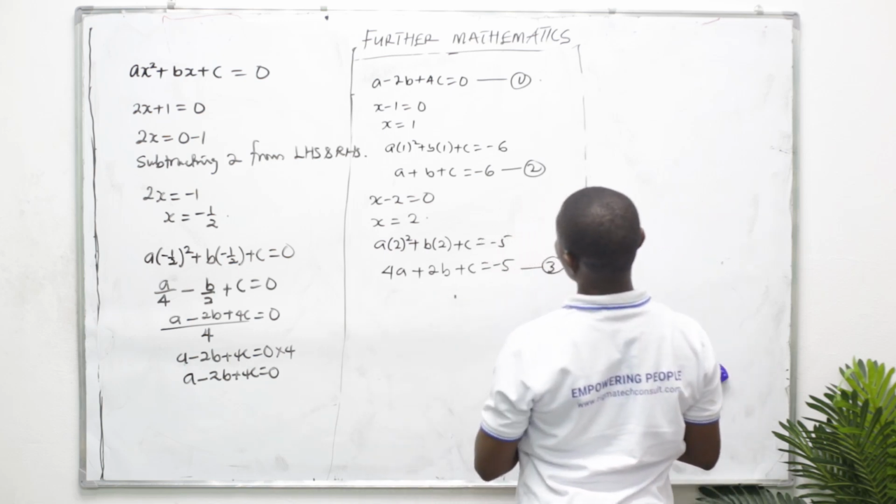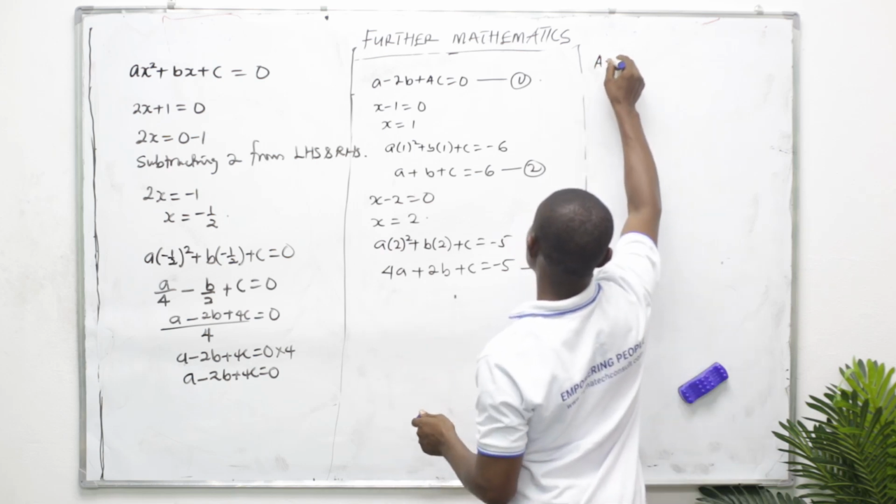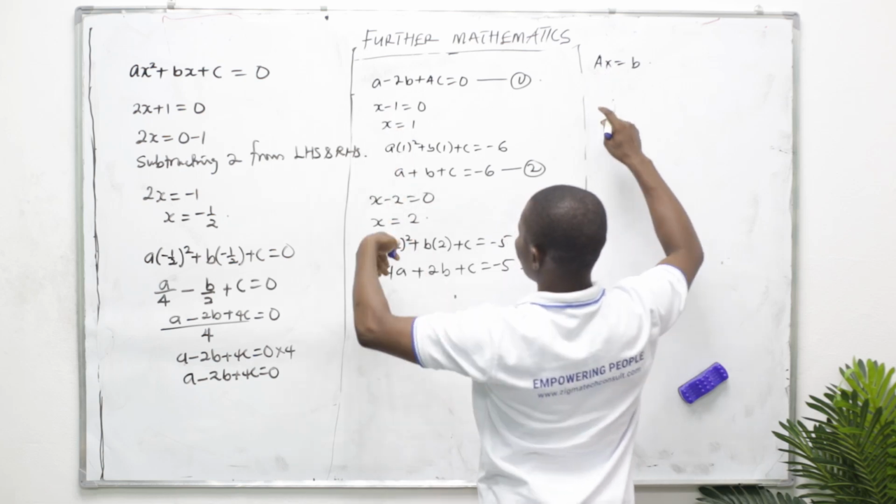If we use this to form a matrix, recall that the matrix AX equals B, where A is the coefficient of all these equations.